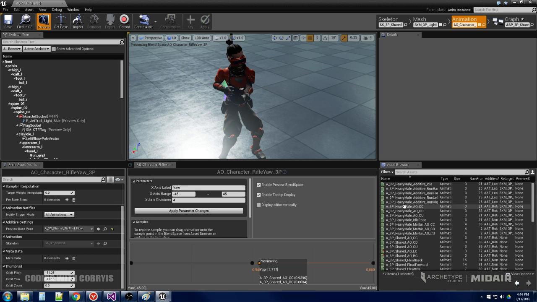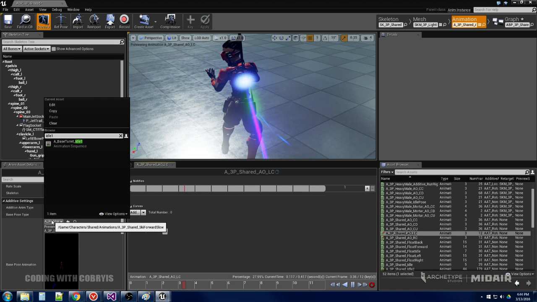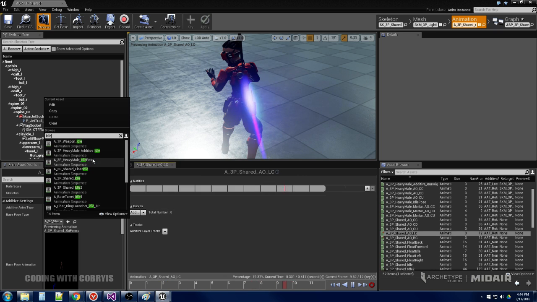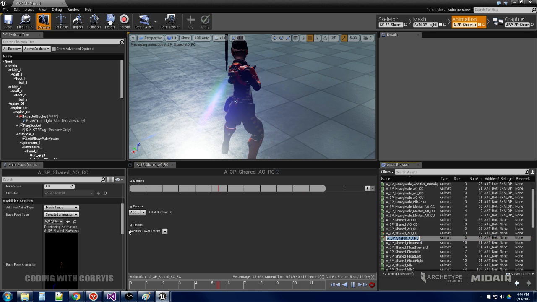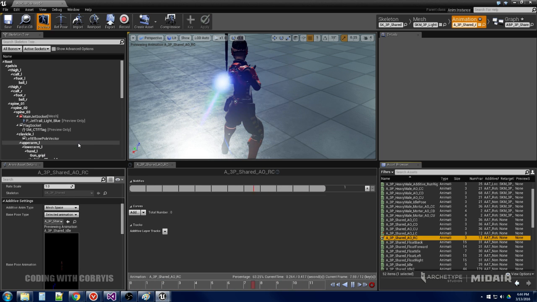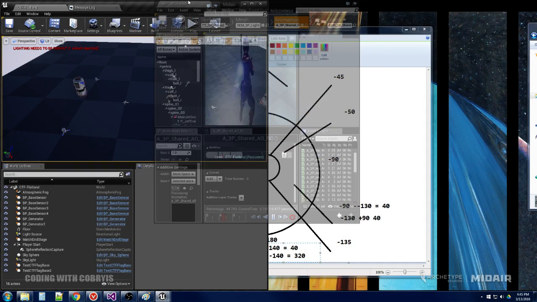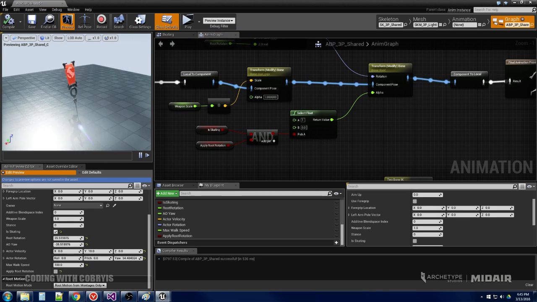So I'm gonna go back and revert these guys to idle 1. Alright, so the problem here is these values are correct.